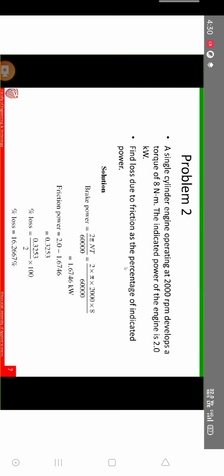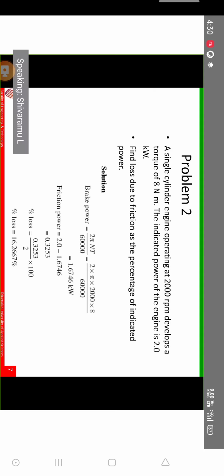Here they have already given the indicated power, so now you have to calculate the brake power. That is the reason they have given the torque. Here 2 pi n T divided by 60 into 1000. In order to convert that into kilowatt, it is 2 pi n T divided by 60, and then divide by 1000.